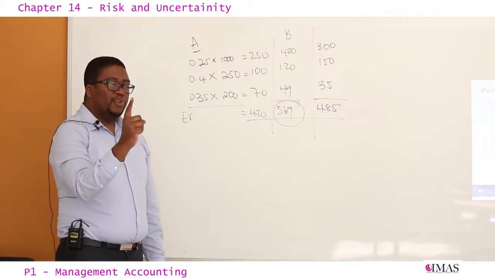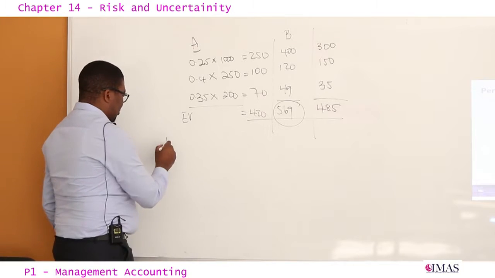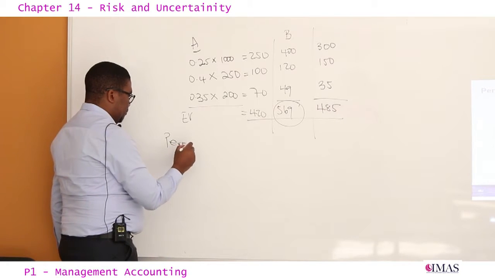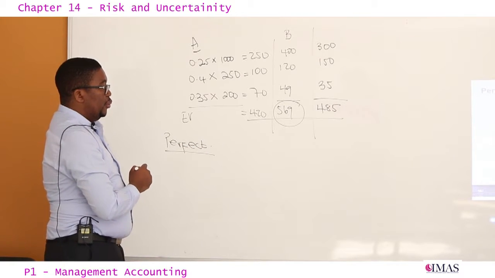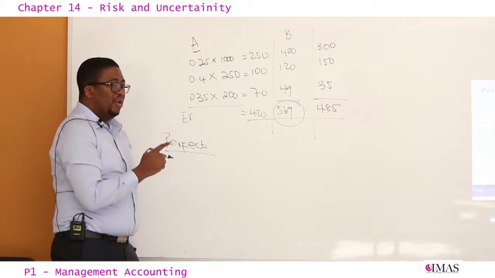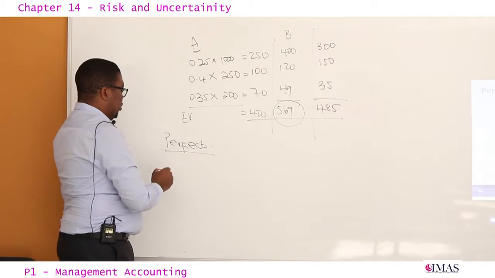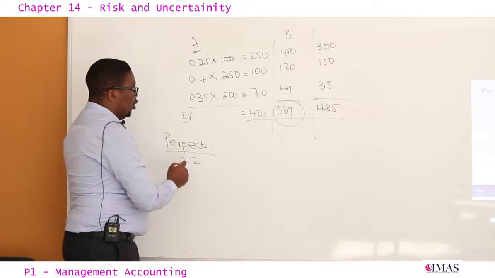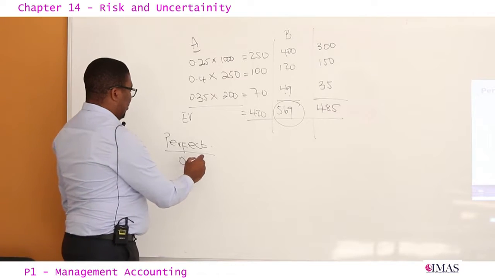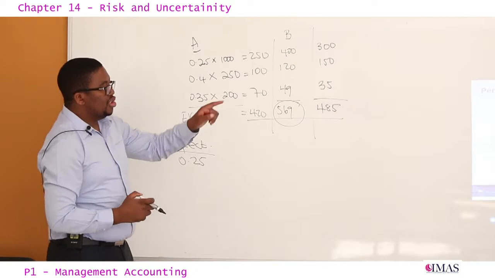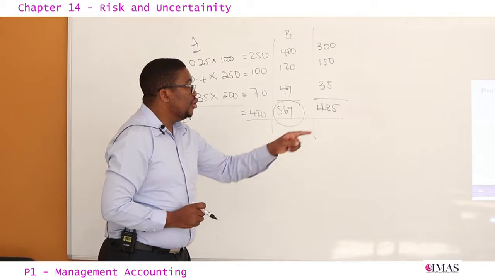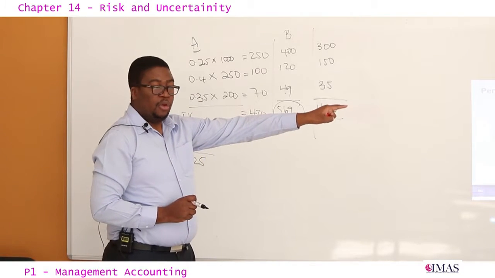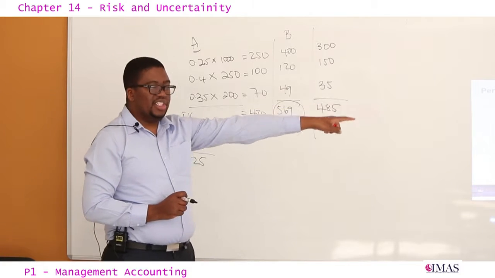However, if you had perfect information, we're saying if you knew beyond reasonable doubt that there was going to be a strong reaction, therefore you would have chosen project B, which gives you 1,600.